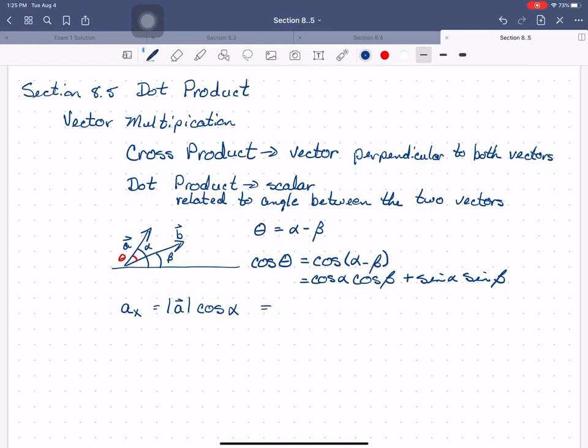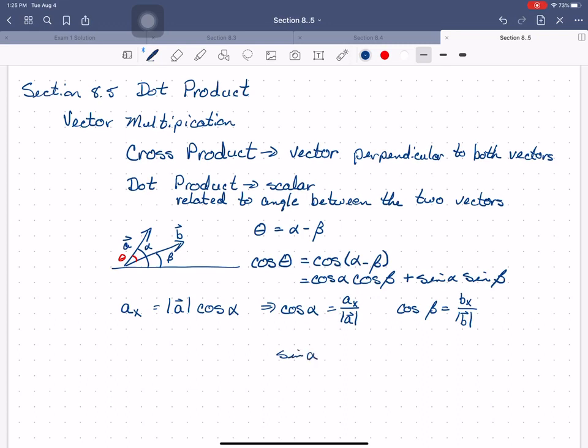So what? Well, that tells me that the cosine of alpha is equal to a sub x divided by the magnitude of A. And in the same way, we know the cosine of beta is equal to b sub x divided by the magnitude of B. But we can also get to the sine of alpha, right?